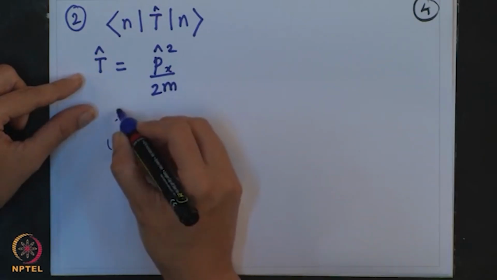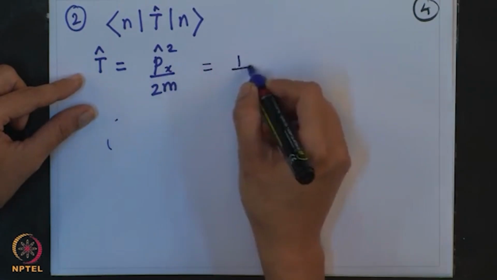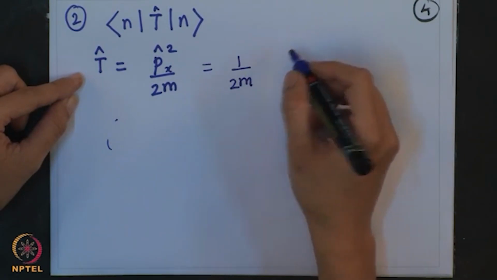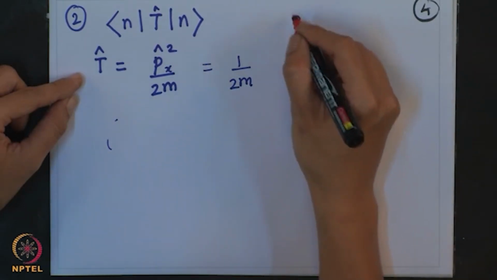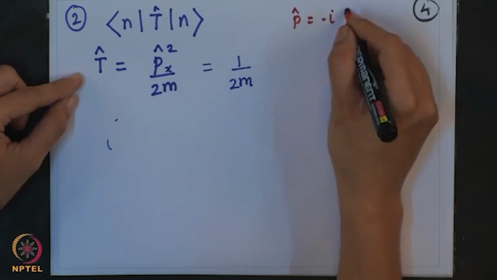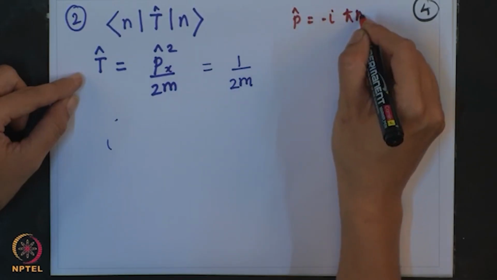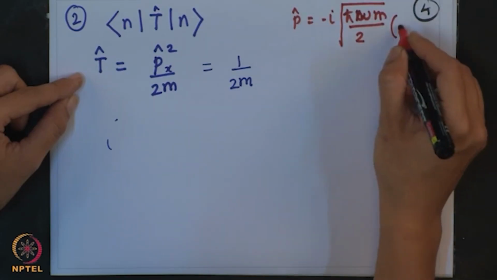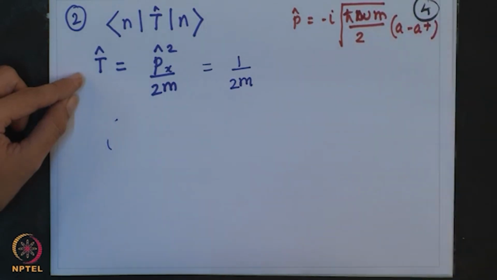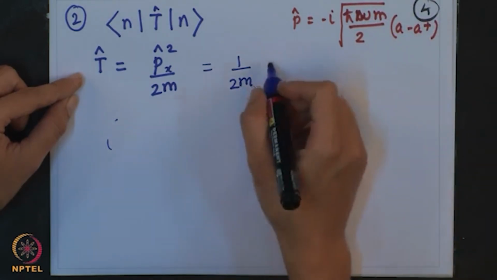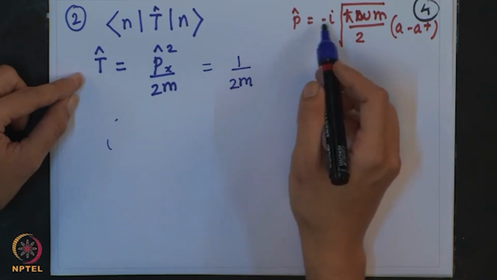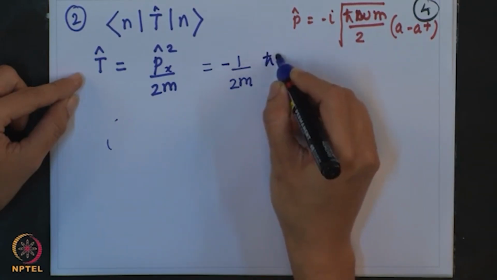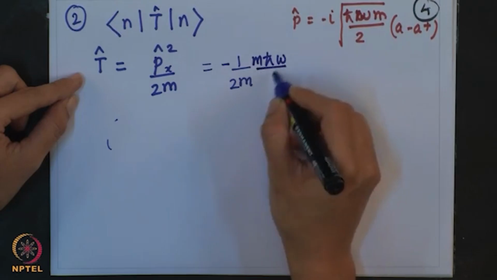So, this will be equal to 1 by 2m as it is. What was operator P? Let me write again here, operator P was minus i h cross omega m upon 2 in the square root, times a minus a dagger. This is what we had. Okay. So, now P square will be i into i, it will give me minus h cross omega m upon 2.